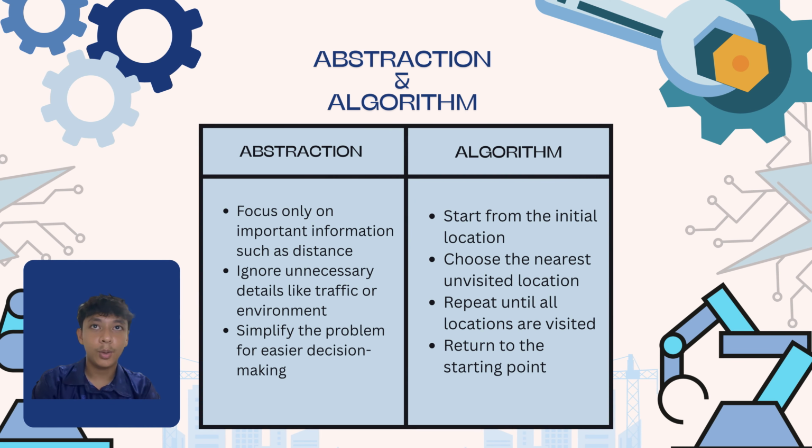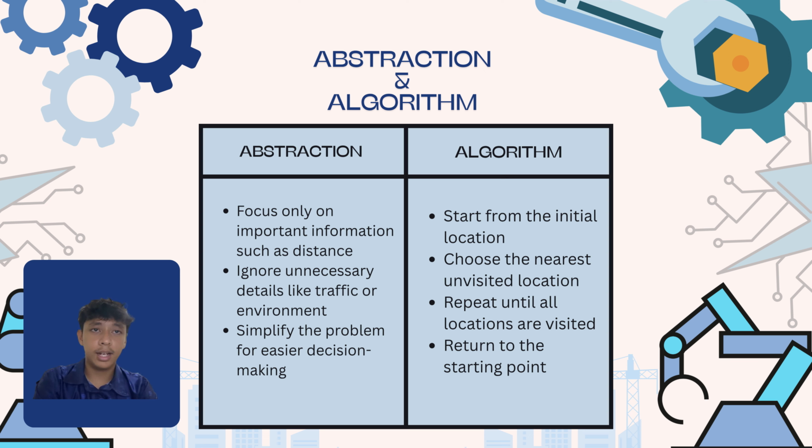After that, we apply abstraction by focusing only on the most important thing, which in this case is the distance between locations. We ignore unnecessary details such as traffic conditions or environmental factors, as they are not required for solving this problem. Then, we apply the algorithm.